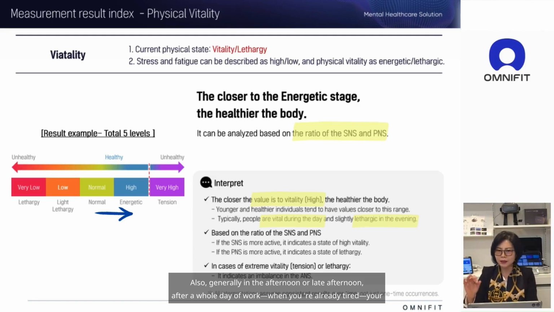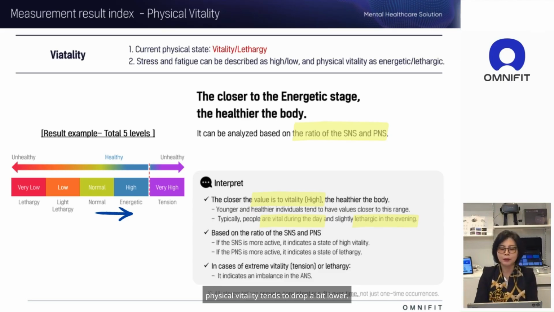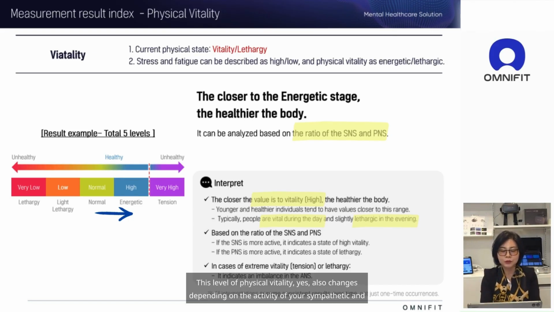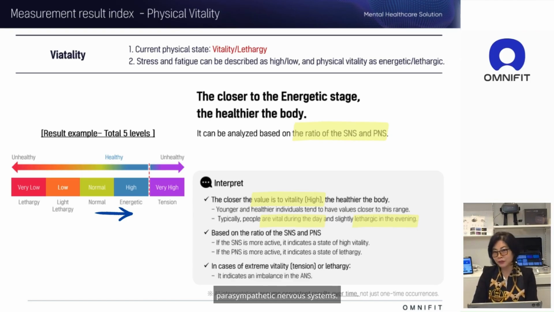Also, generally in the afternoon or late afternoon, after a whole day of work, when you're already tired, your physical vitality tends to drop a bit lower. This level of physical vitality also changes depending on the activity of your sympathetic and parasympathetic nervous systems.